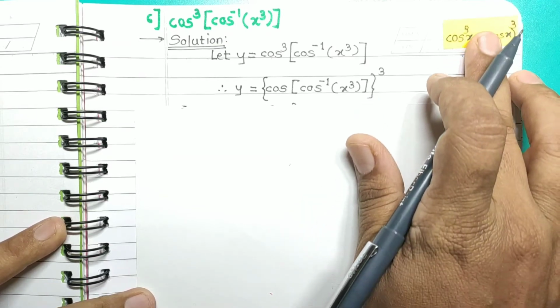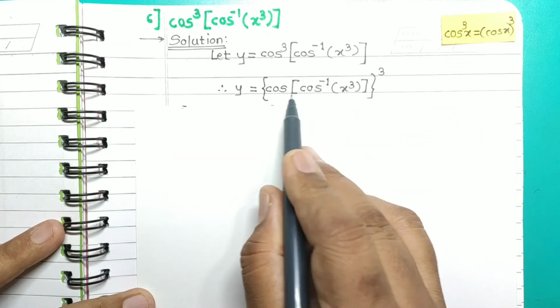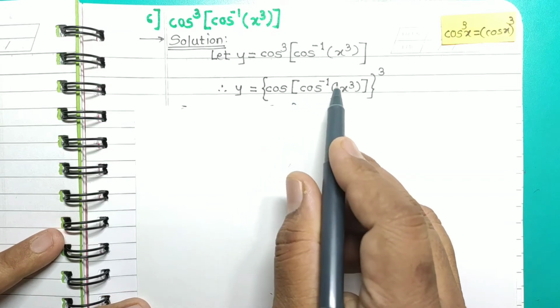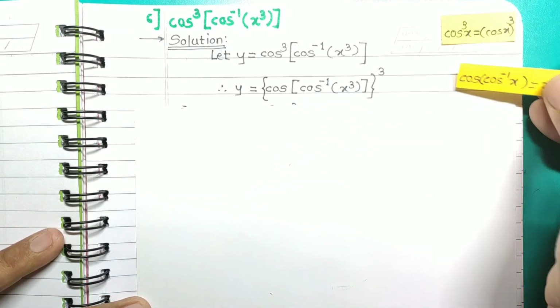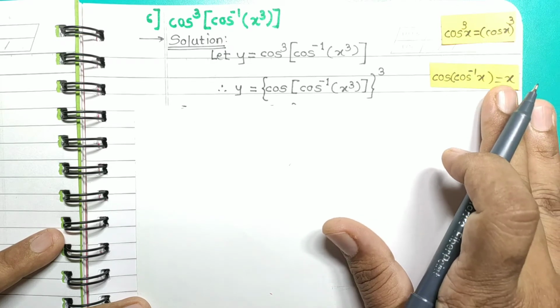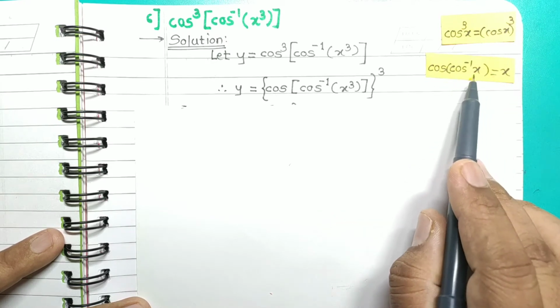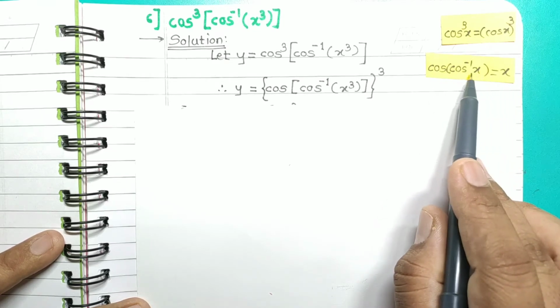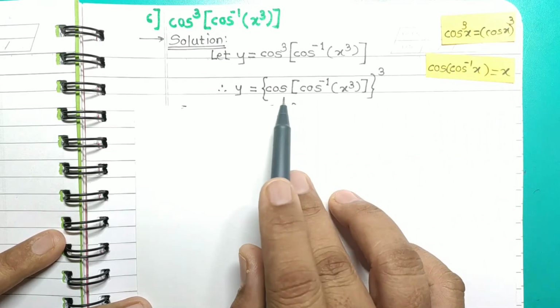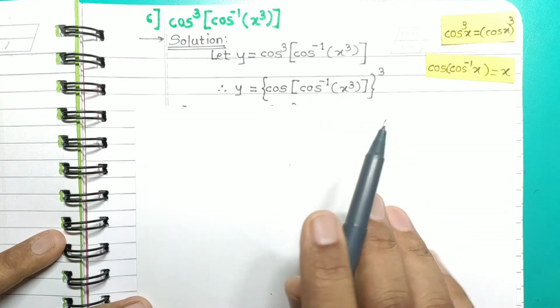Then see here, some familiar terms are here, cos of cos inverse of something. So we have a property for inverse trigonometric functions: cos of cos inverse of x is equal to x. So using this property, we are going to simplify this function.